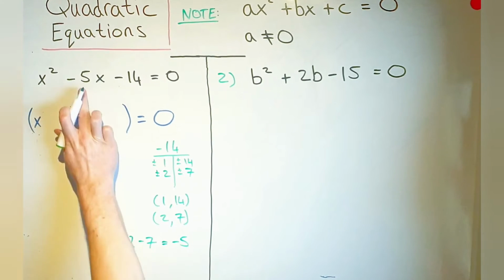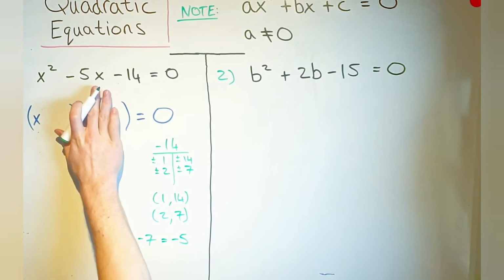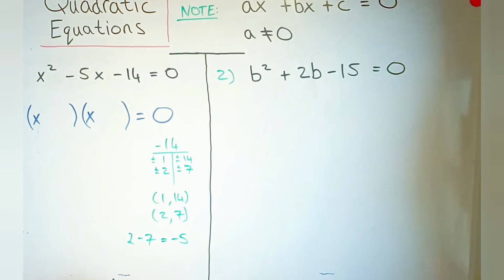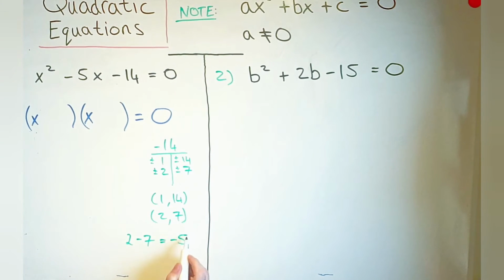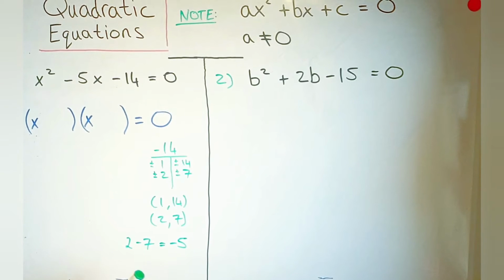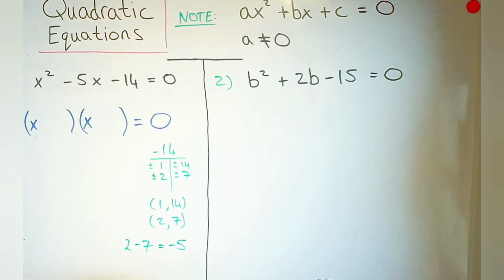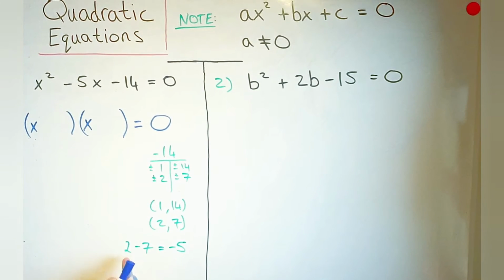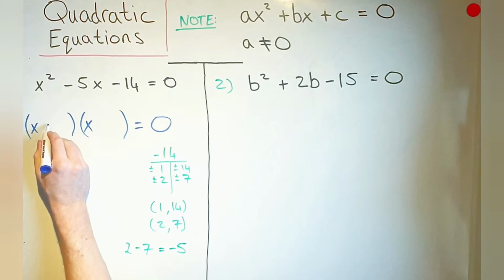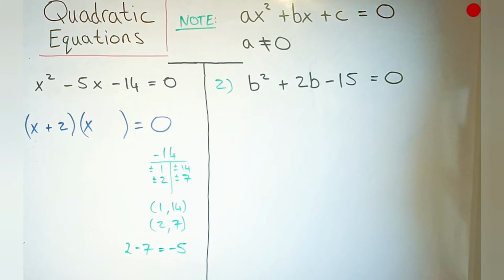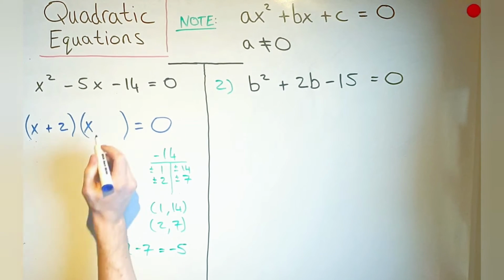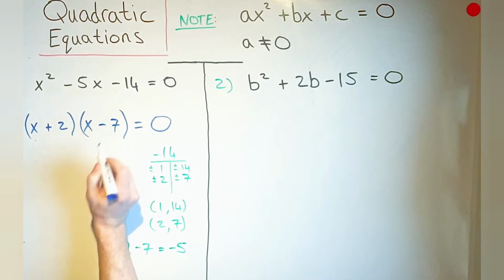And now we've found the coefficient of that second expression that contains just the x. So now we can fill in the rest of these factors here. We have a positive 2, so the first factor is x plus 2, and the second factor was a minus 7, so we have x minus 7.